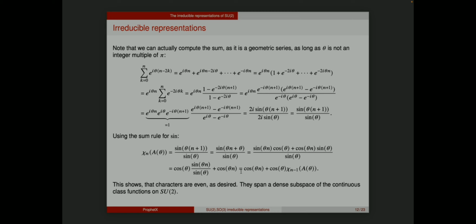And this follows basically from Fourier analysis. If you want the theorem, it's called Fejér's approximation theorem. But I think this is rather clear.